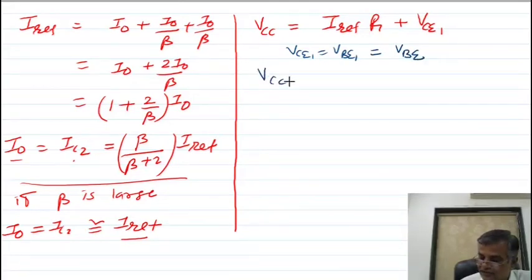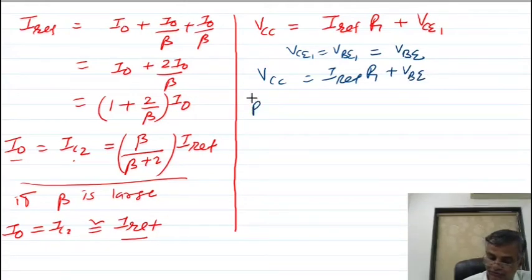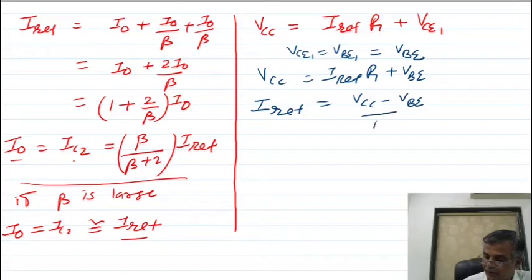So VCC is equal to I reference into R1 plus VB. So I can write the value of the reference current is nothing but VCC minus VB upon R1.